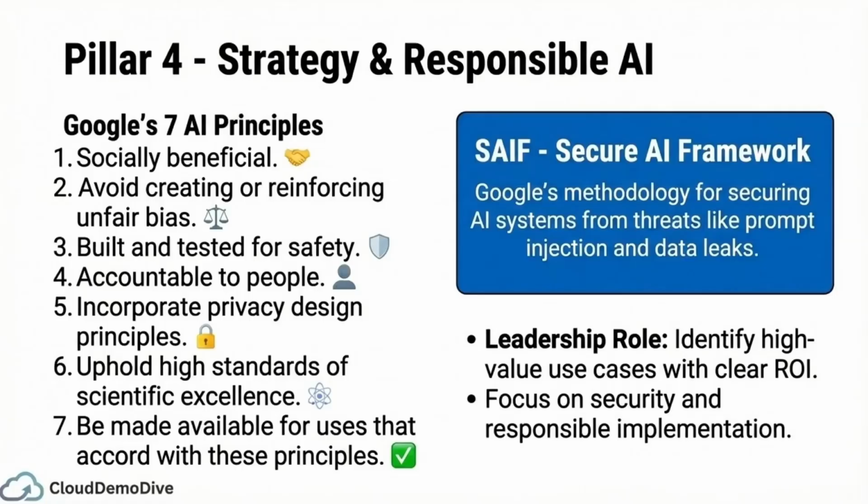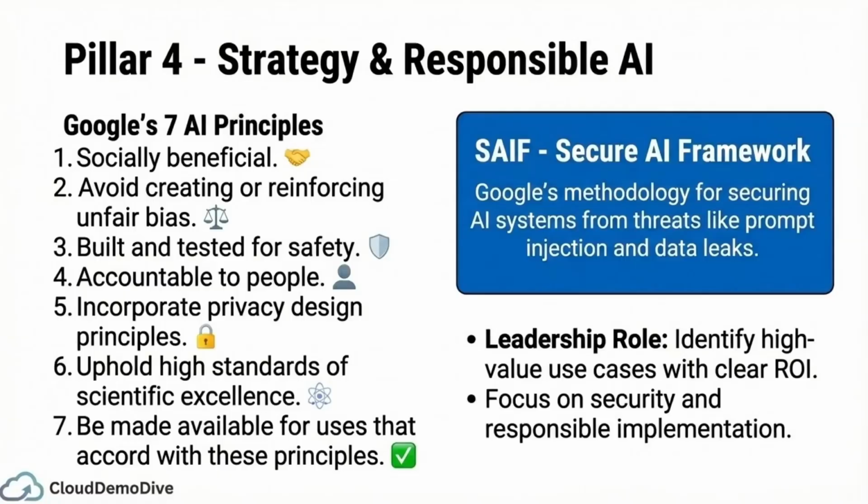You need to know their principles like avoiding bias, ensuring safety, and also look out for secure AI frameworks. It's Google's method, the Secure AI Framework, SAIF in short form. It's basically a Google method for keeping AI systems secure from prompt injections or data leaks.